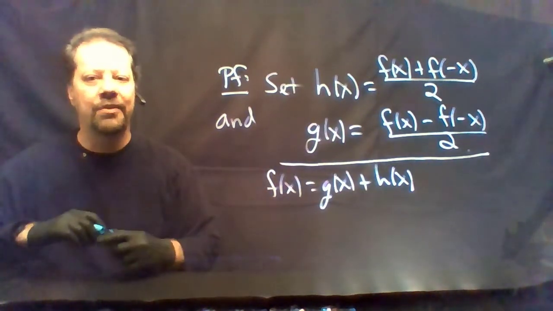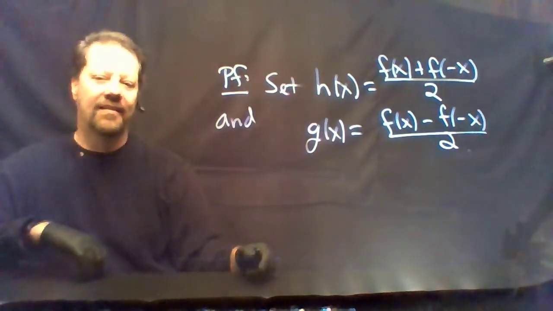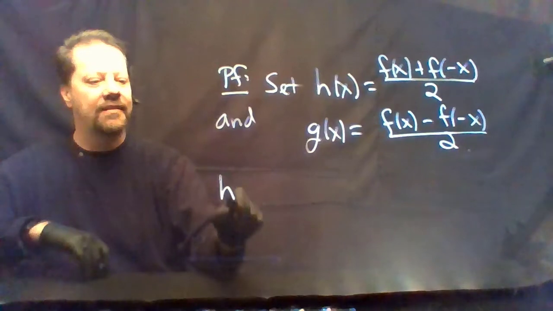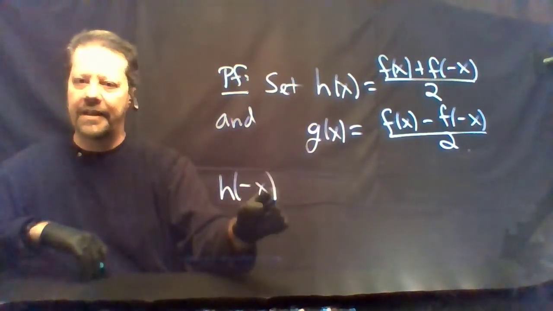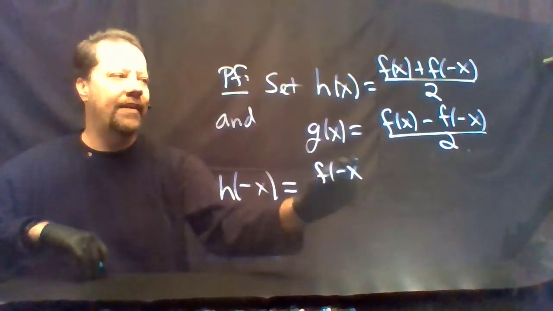What's left to prove is that h is even and g is odd. To see that h is even, we apply the definition for an even function. We'll replace x by negative x everywhere in sight.